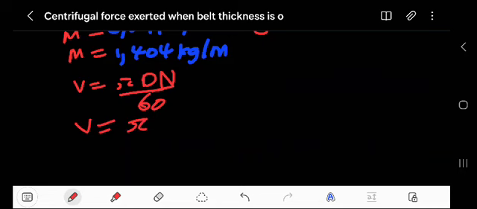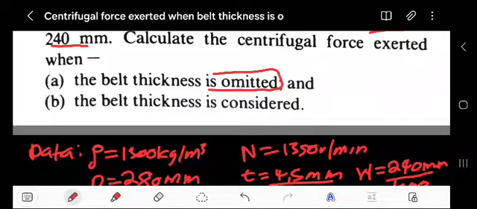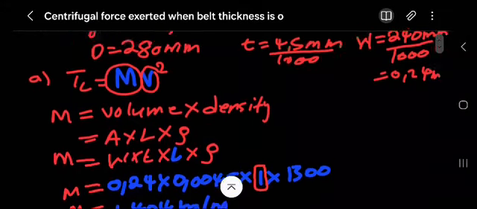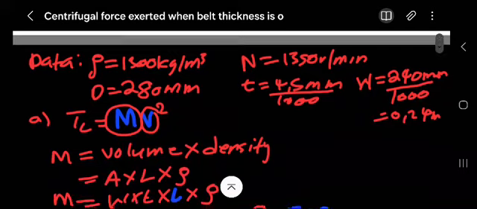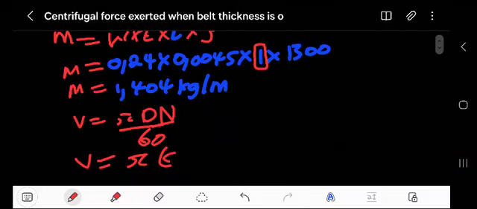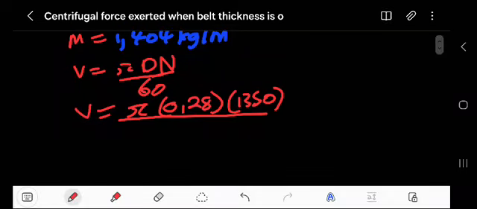They said the thickness is omitted, not included, so we take the diameter of the pulley, which is 280 divided by 1000, so 0.28, multiplied by 1350, then divided by 60.